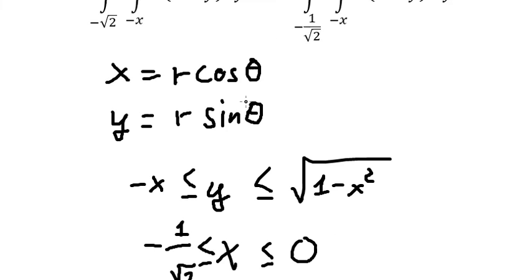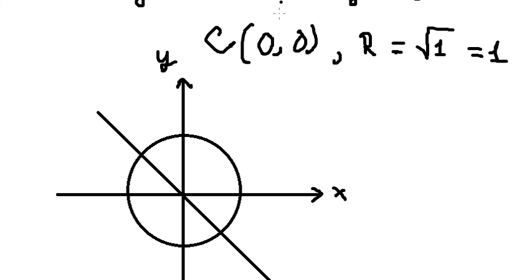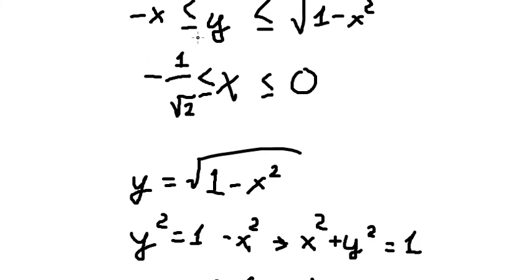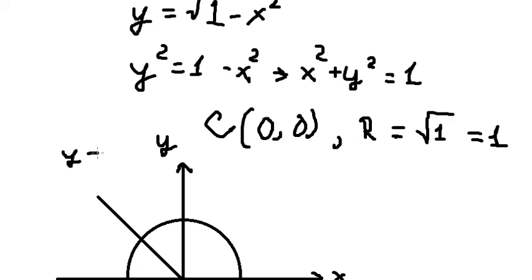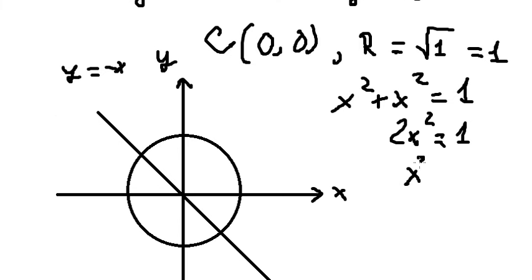Now, we need to know that x starts from negative 1 over the square root of 2. So if I put y equals negative x in here, we will have x squared plus x squared. Because this is to the power of 2, the negative will be positive. So we have 2x squared, and we divide by 2.